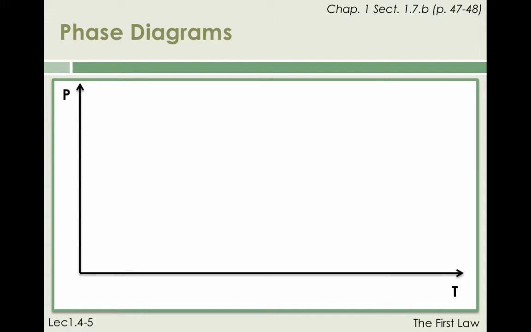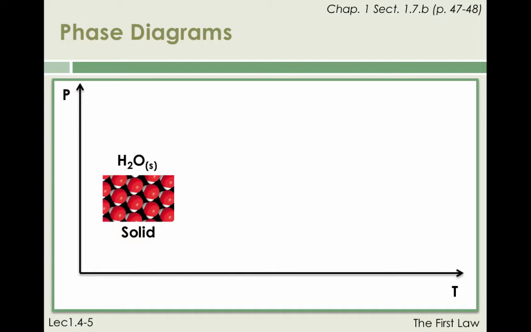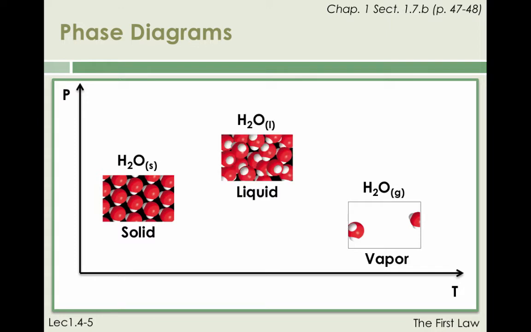Anticipating the conclusions of Chapter 3, where we will use the second law of thermo to learn about the stability of these phases, we find that the solid phase exists predominantly at low temperatures over a range of pressures, while the vapor phase exists predominantly at higher temperatures. The liquid phase is found at intermediate temperatures.